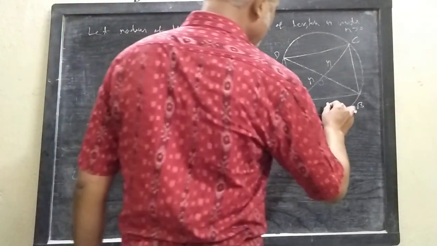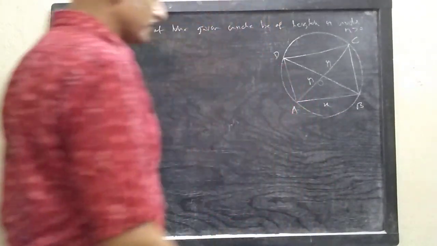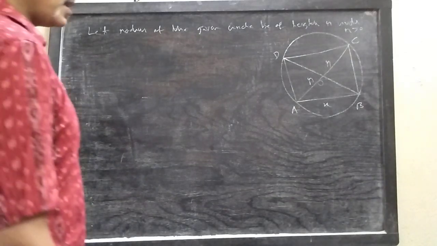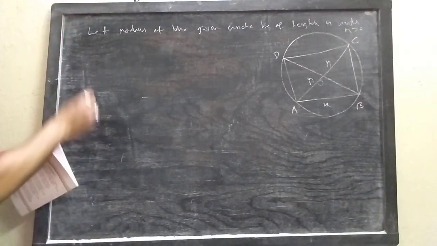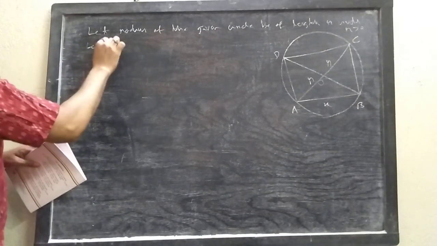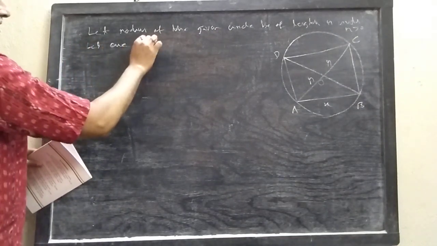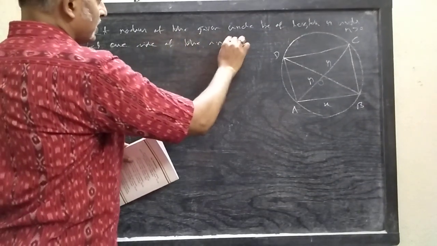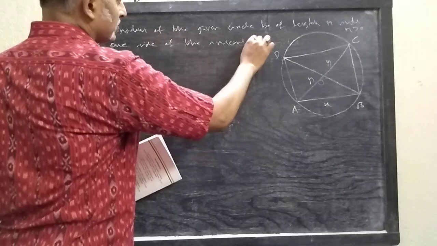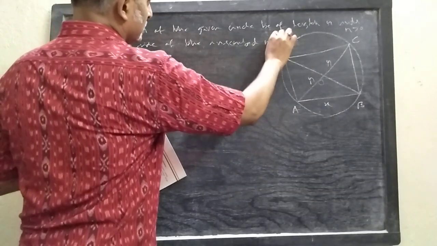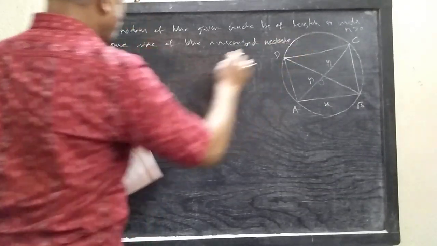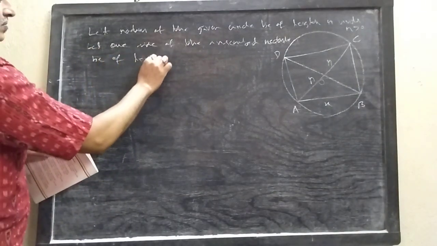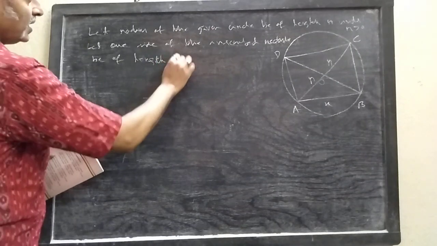If you take any side of the rectangle as x units, then the other side will be of length... Let one side of the inscribed rectangle be of length x units.